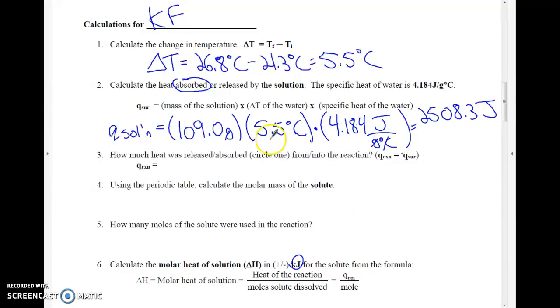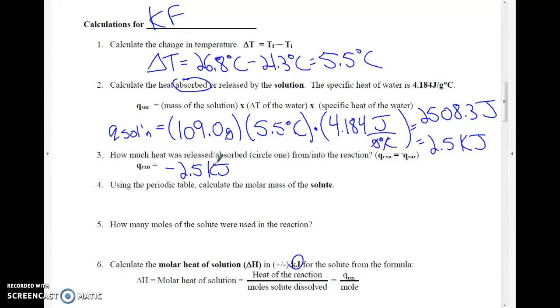So that's going to give us 2 significant digits. So I'm going to write it as 2.5 kilojoules. So I got the significant digits, and I divided by 1,000 to get the kilojoules. So this is how much heat the surroundings or the solution, the water, absorbed. So that means the reaction had to give off that same amount of heat, but we changed the sign. So if the surroundings went up by 2.5 kilojoules, the chemicals went down by 2.5 kilojoules.